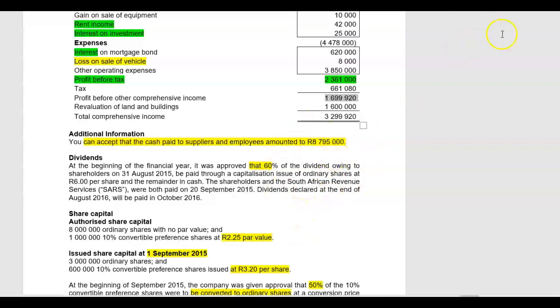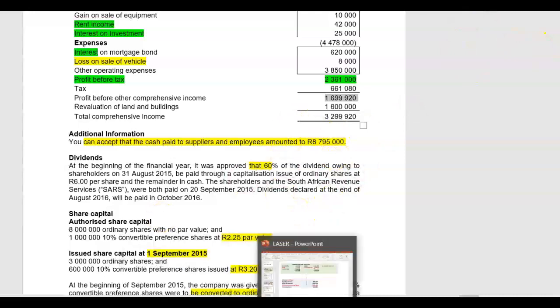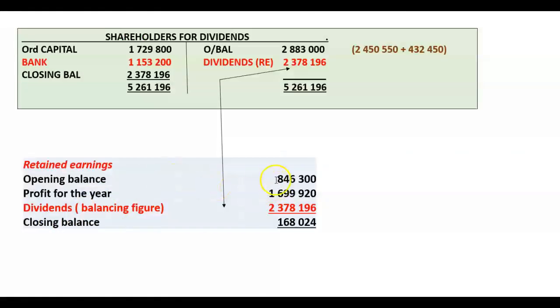They actually dug into the retained earnings reserves and paid out of their retained earnings. Look there, profit for the year 1,699. They declared 2.4 million worth of dividends. So they actually wiped out, to a large extent, the retained earnings for the year. And that, I don't think, is a very clever thing to do.